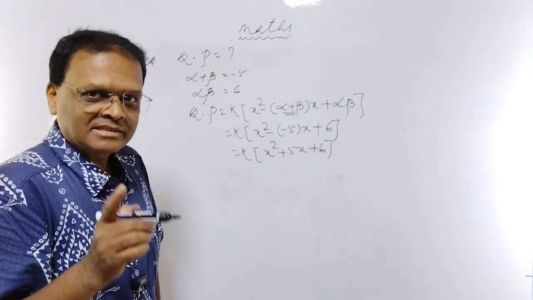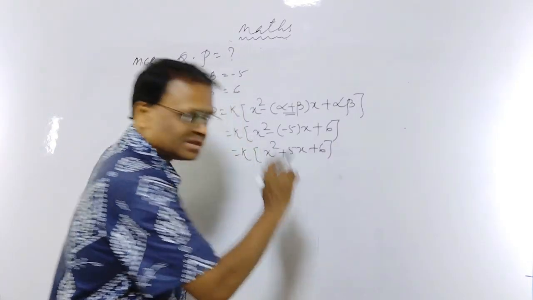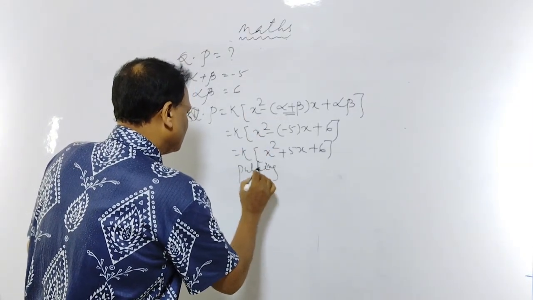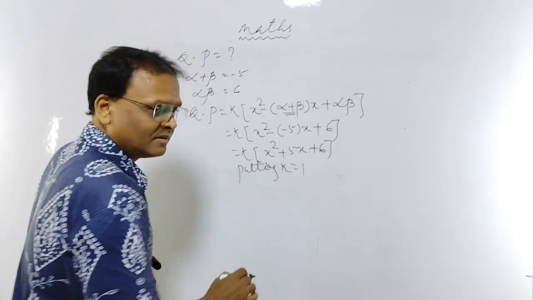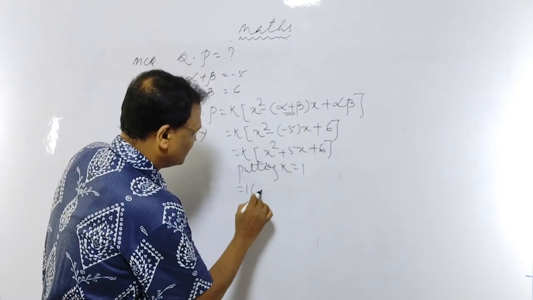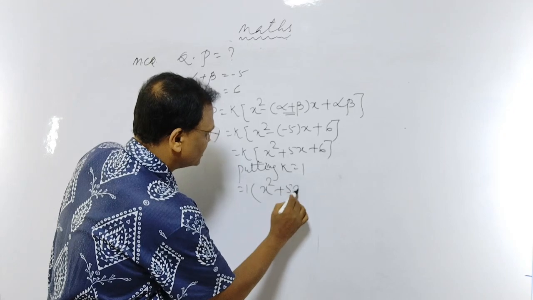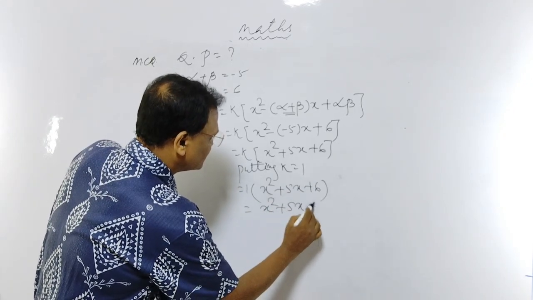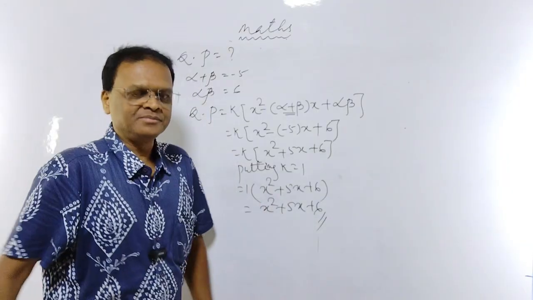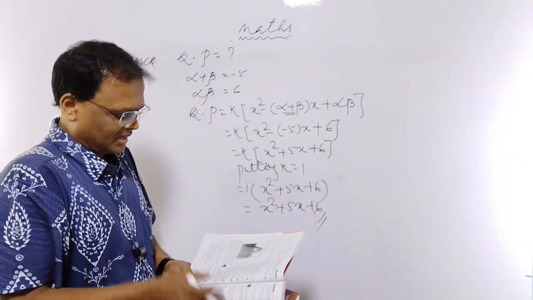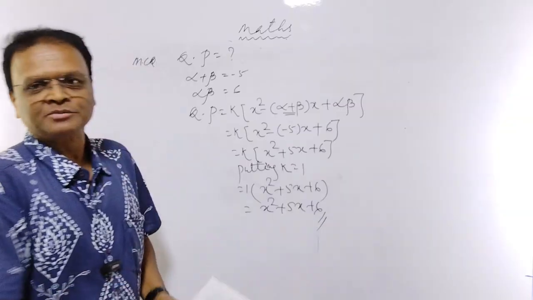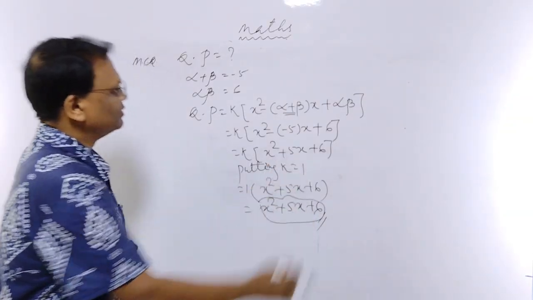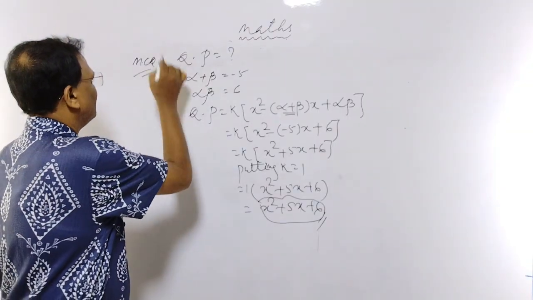And I'll consider the k value as 1 because the denominator is nothing, meaning 1. So putting k equal to 1, this becomes x square plus 5x plus 6. Hope you are getting it. The options are given, and x square plus 5x plus 6 is in the first option only. So directly I got the answer. This is the MCQ asked.